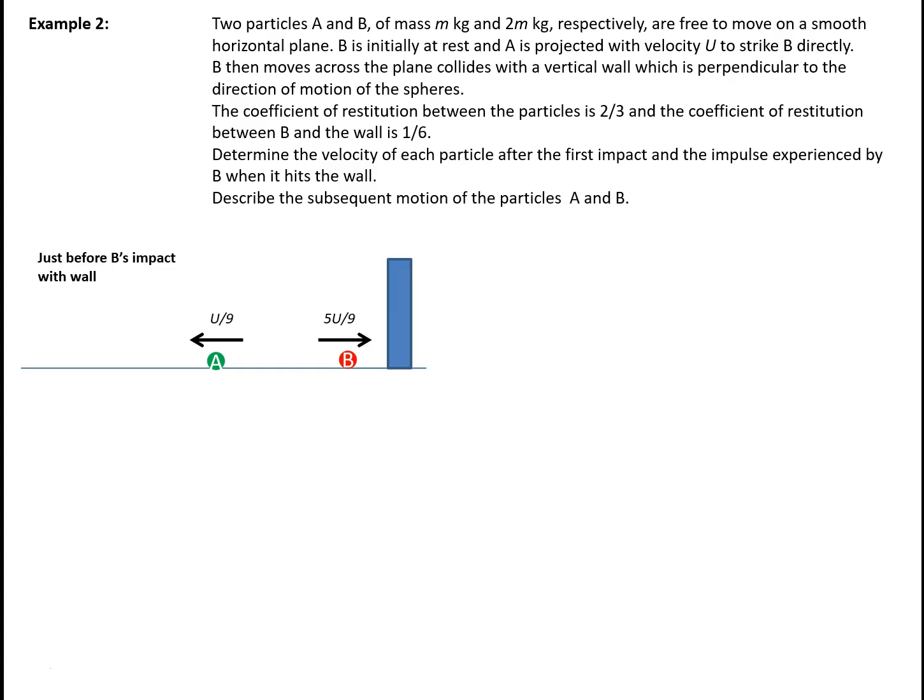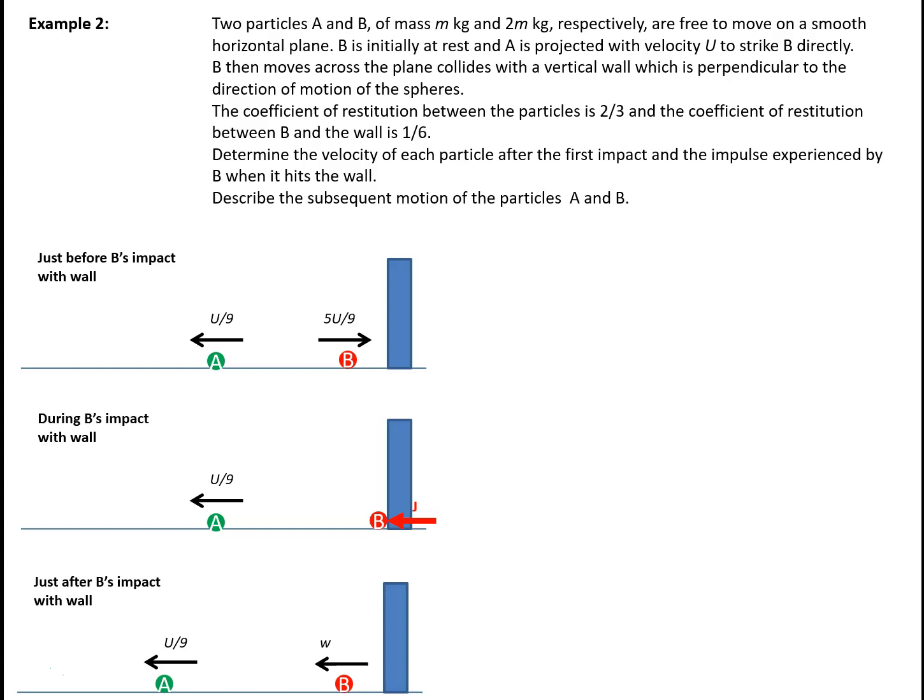So, just before B's impact with the wall, it's moving towards the wall with speed 5u/9. During B's impact with the wall, it's going to experience an impulse, call it J, acting to the left.